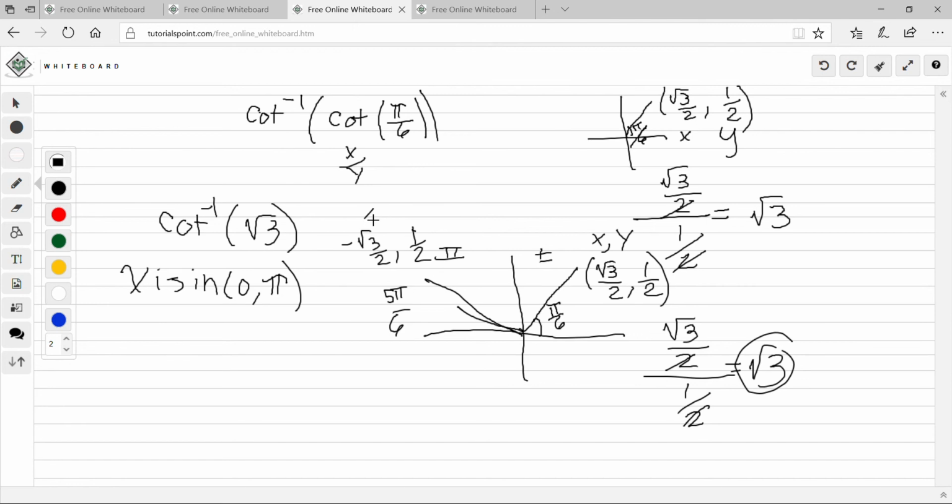Basically, when you take the cotangent of this, you're going to get negative root 3. So we can't use that. So our only option is pi over 6. So pi over 6 is our final answer.